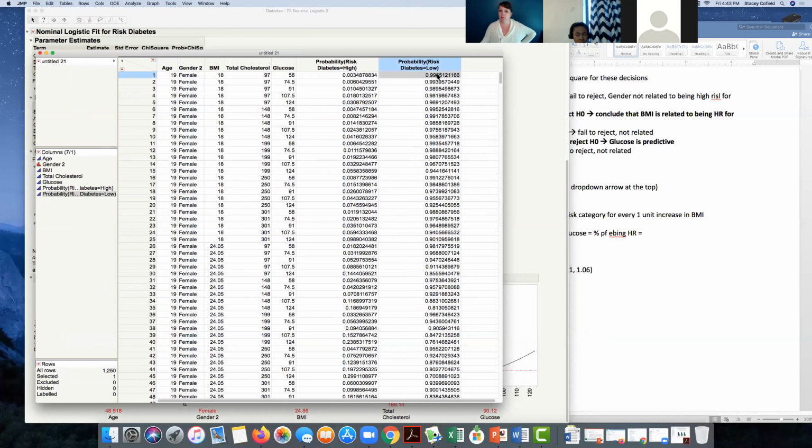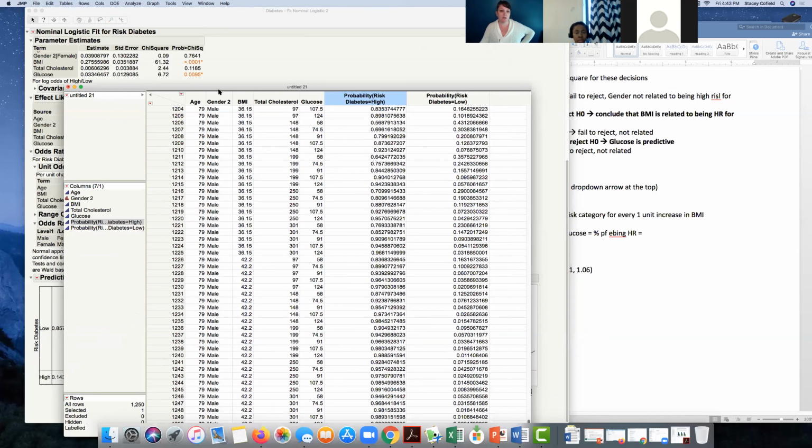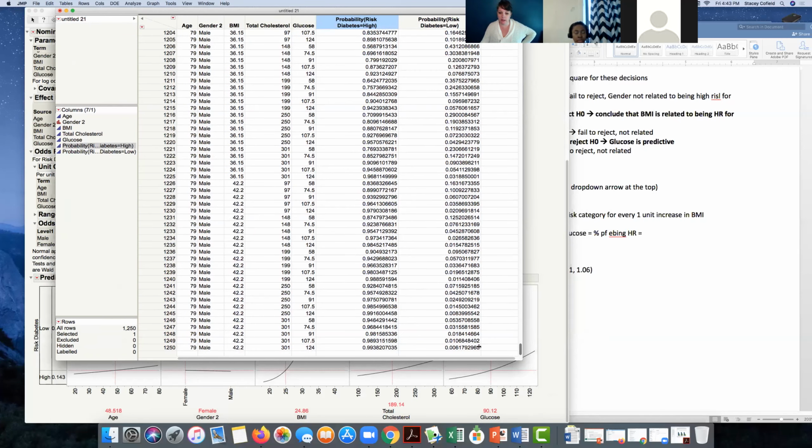They're basically going to be low risk. 99% chance that they're low risk. If I go all the way down to the other end here, you guys are getting way more logistic than everybody else. I'll go all the way down here to somebody who's 79, male, who's obese, high cholesterol. They're 99% likely to be in the high risk category.